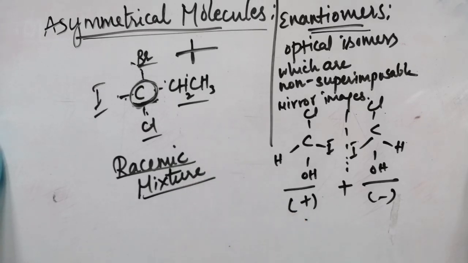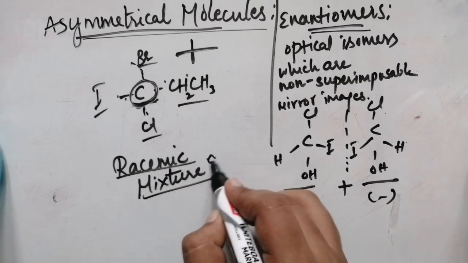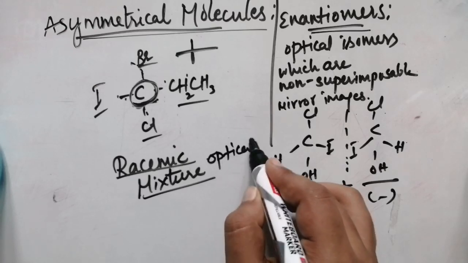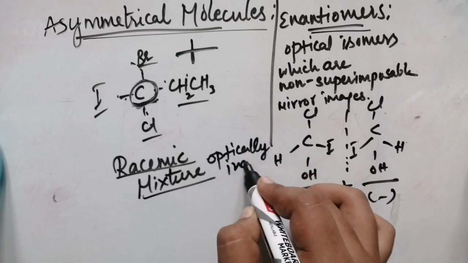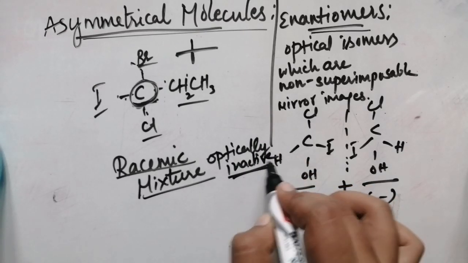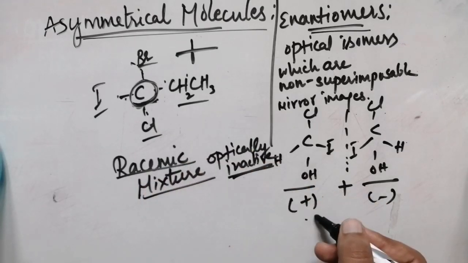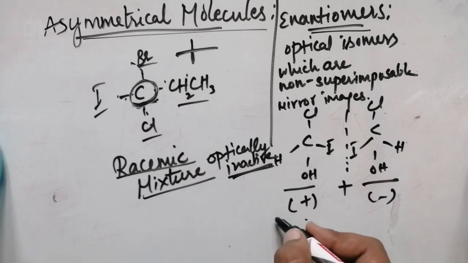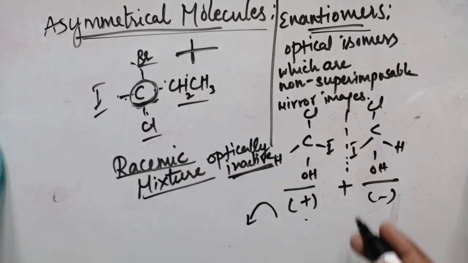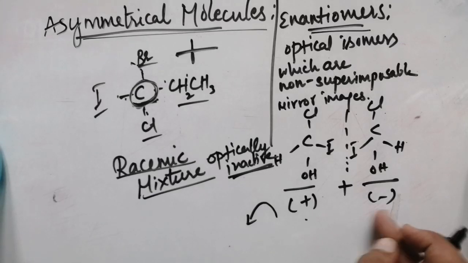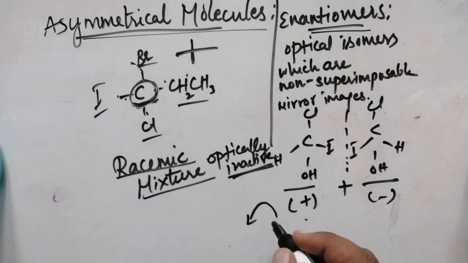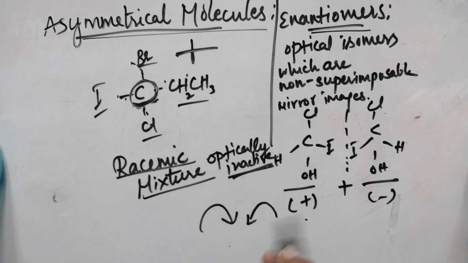An important question asked in the PU board exam is: why are racemic mixtures optically inactive? Racemic mixtures are always optically inactive because of the net rotation. The plus isomer diverts the plane polarized light to the right side, and the levorotatory isomer turns the light to the left side.